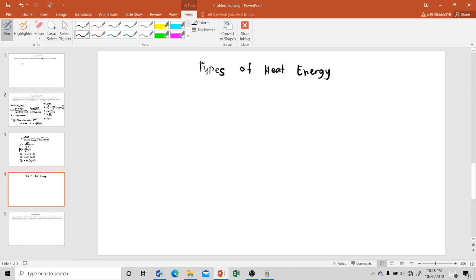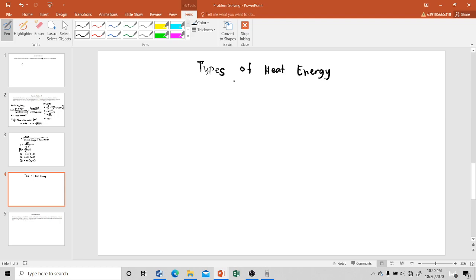Just like when we touch a hot object, with the sense of touch we can feel the hotness of the object. So in our body the temperature also changes.